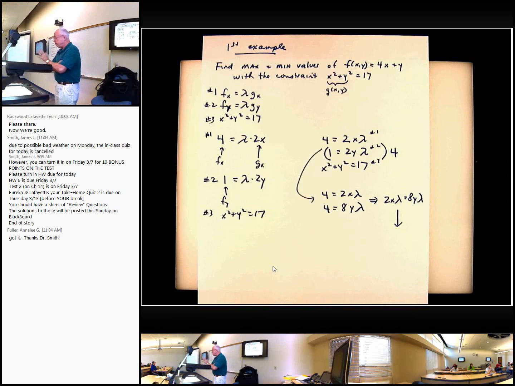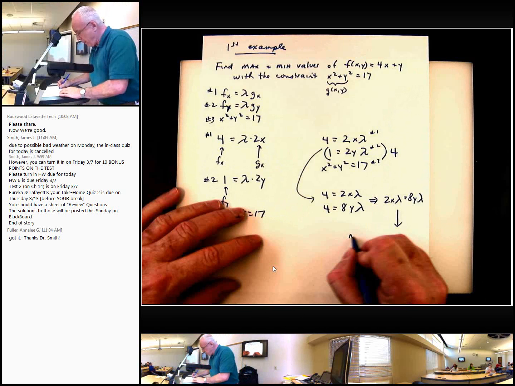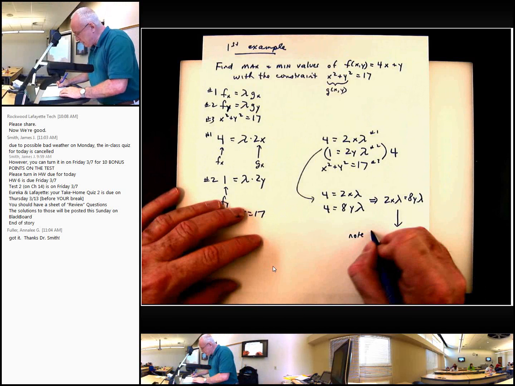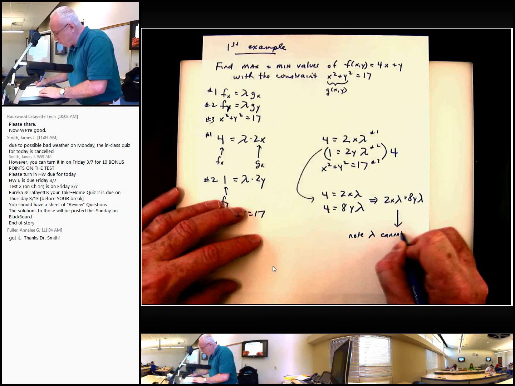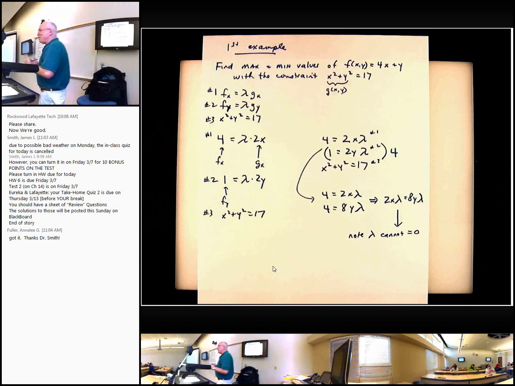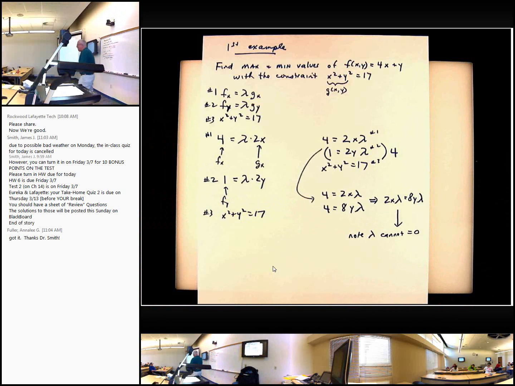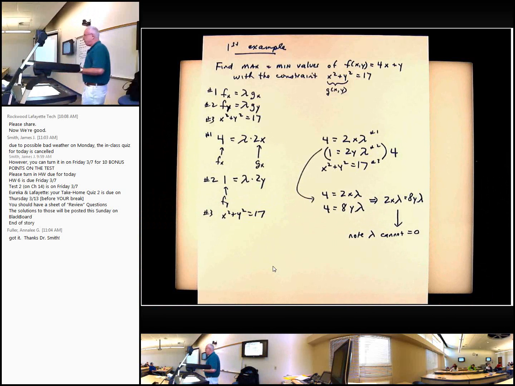All right? So note, lambda cannot equal 0. And there's a reason why I'm wanting to fuss about this right now. Because we've got this equality that 2x lambda equals 8y lambda.